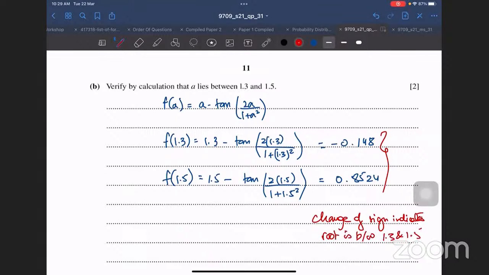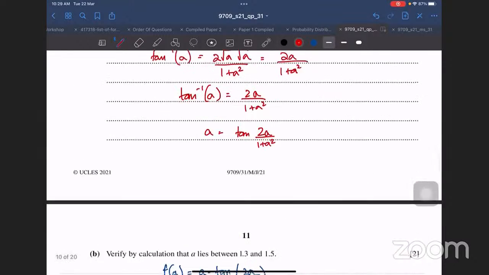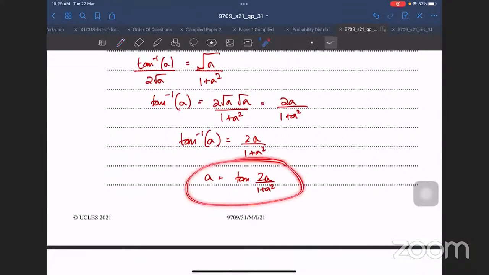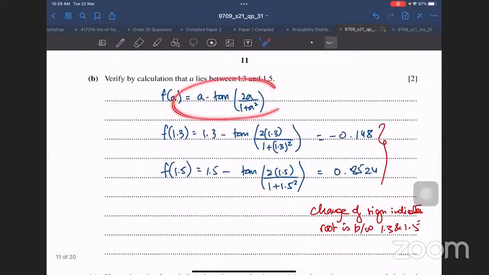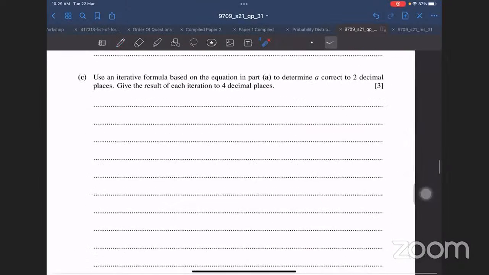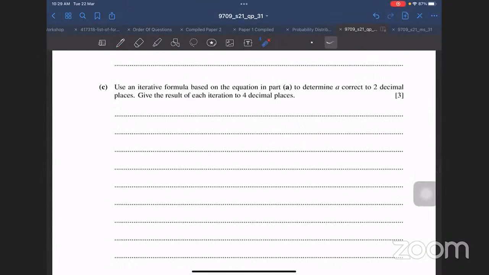The first task whenever you're doing this question is to use this proof to create a function. That's what I created, and then I inserted 1.3 and 1.5. The next one says use an iterative formula based on the equation in part one. So this was the equation in part one.